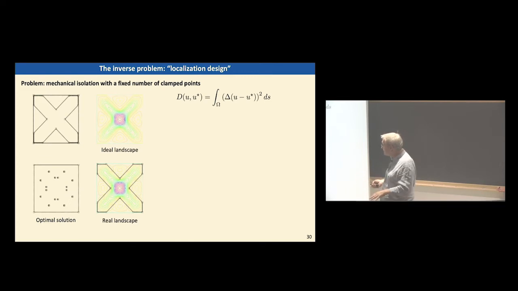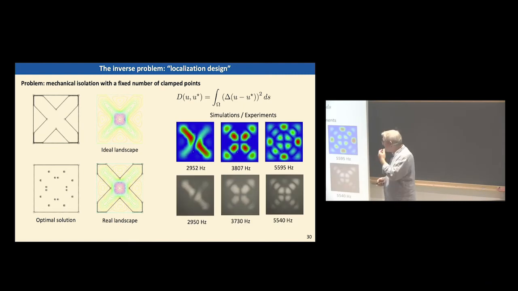And okay, this is the optimal solution, for example, for 16 pins. And some things are okay. Of course, they are positioned not on this boundary, and it's not obvious where to put them a priori. And these were the results of simulations, and these were the experiments.